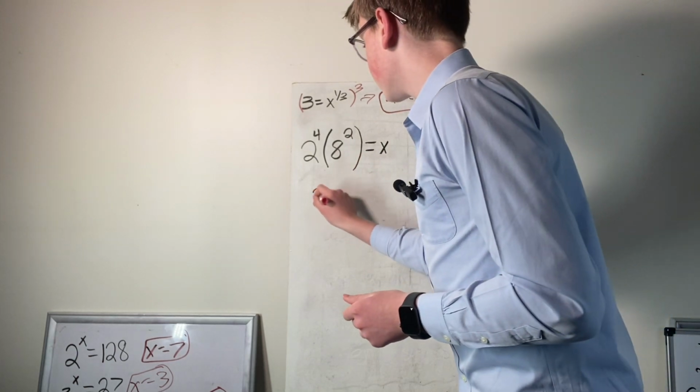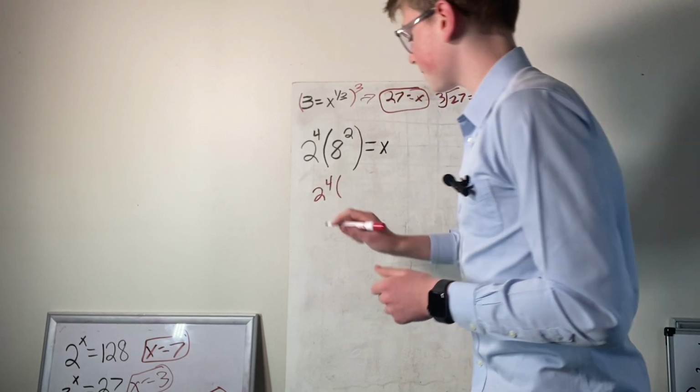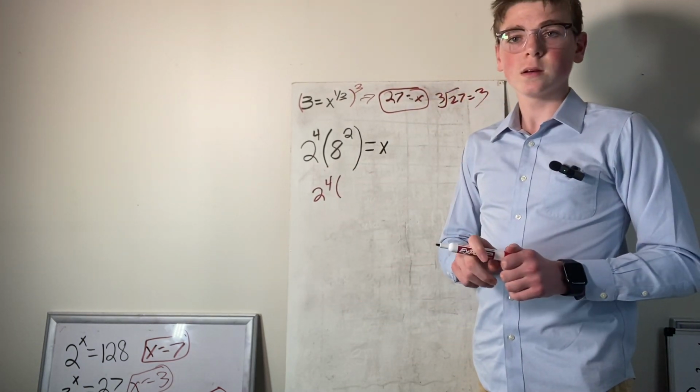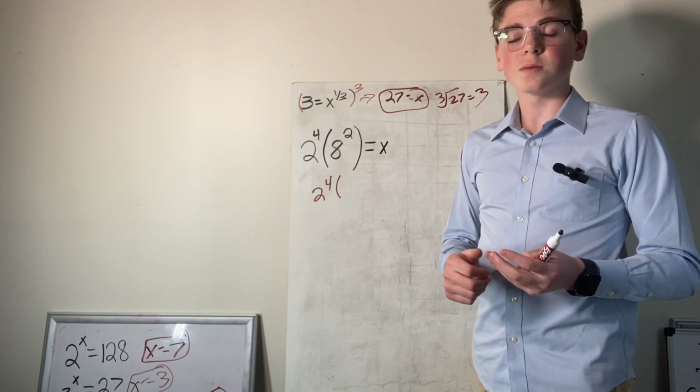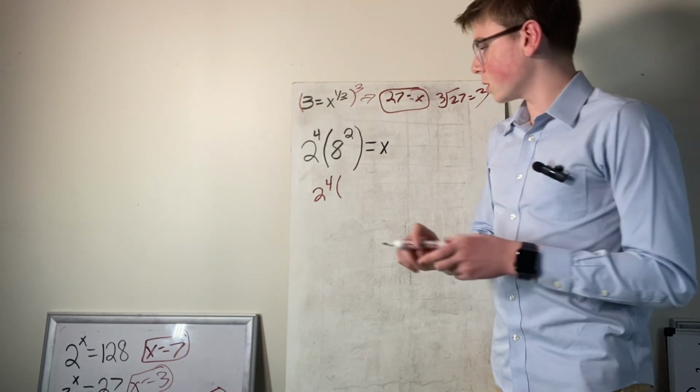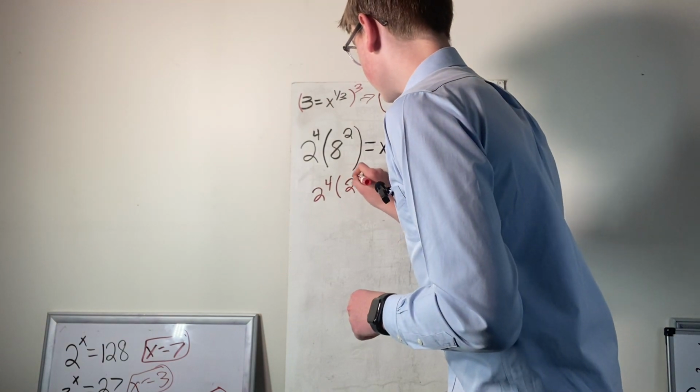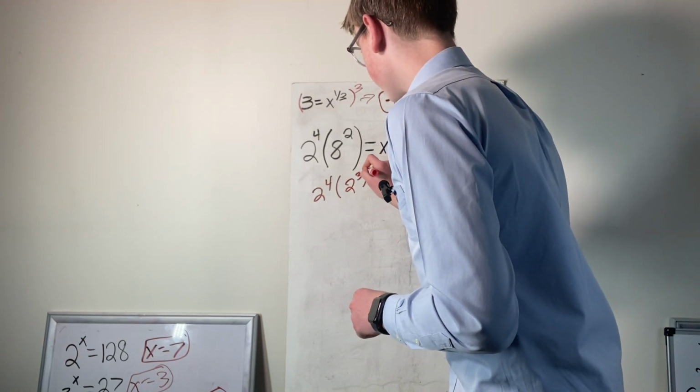So 2 to the 4th times, if we think about 8 and we want to bring it down to a base of 2, well, 8 is really 2 to the 3rd power. So it is 2 to the 3rd, squared.